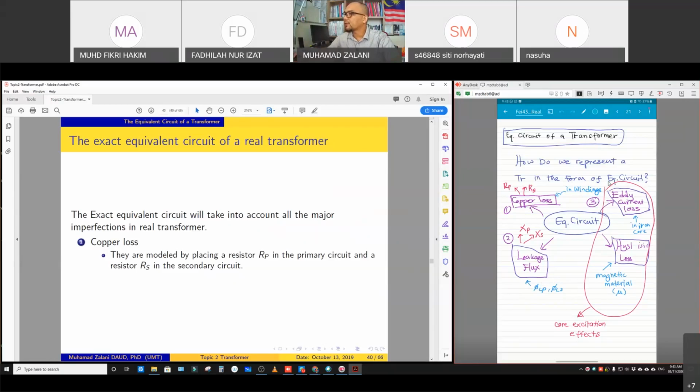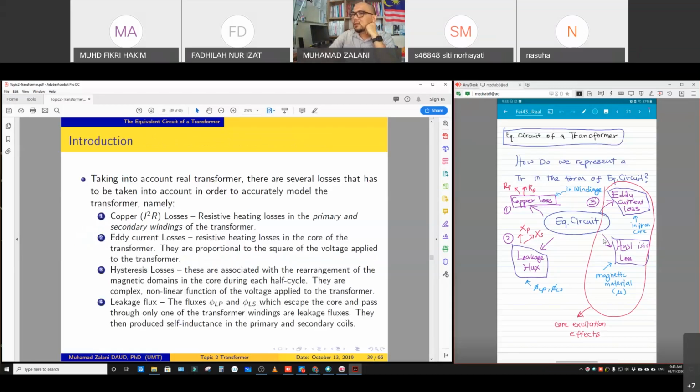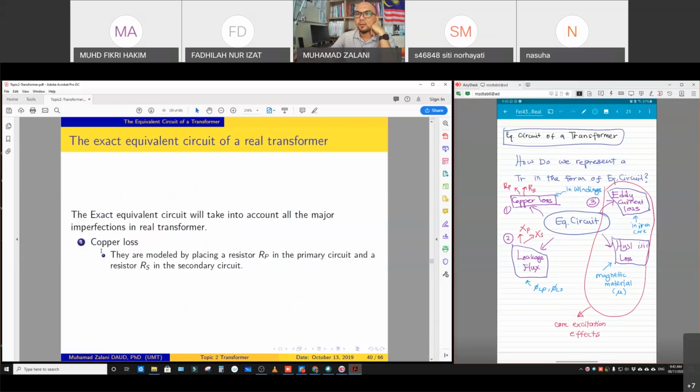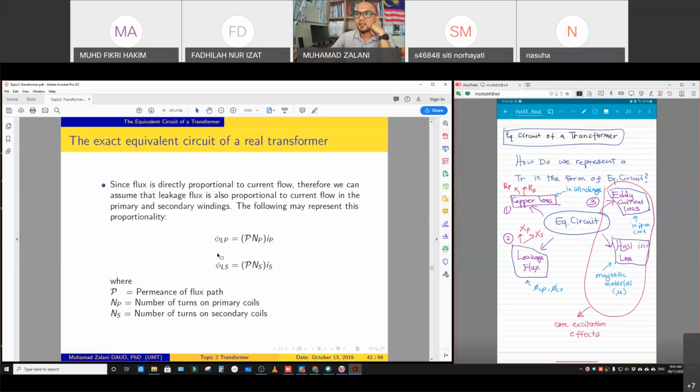Then we combine eddy current and hysteresis loss and represent this as a parallel branch in the equivalent circuit. This refers to the core excitation effect, produced by the eddy current plus the hysteresis loss. Okay, this has already been explained.